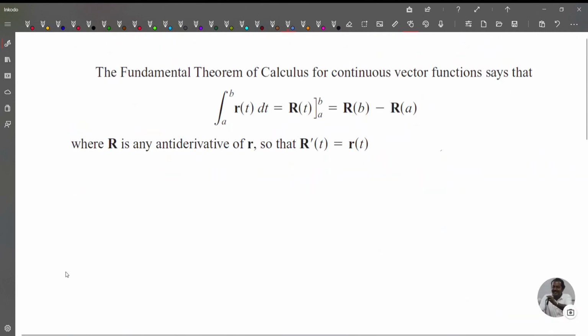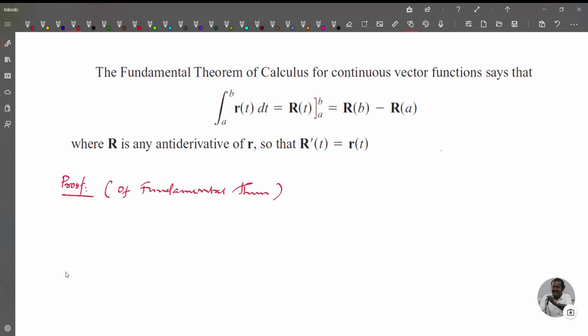Now we prove the fundamental theorem of calculus for continuous vector functions. So, proof of the fundamental theorem. Let R of t be any antiderivative of r of t.